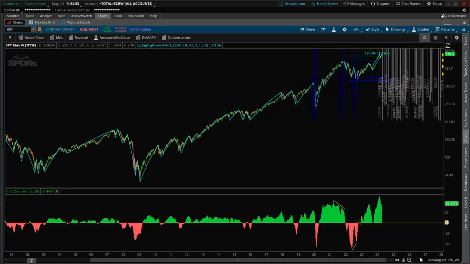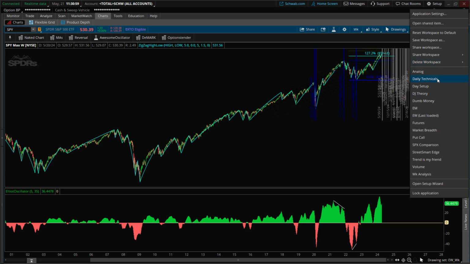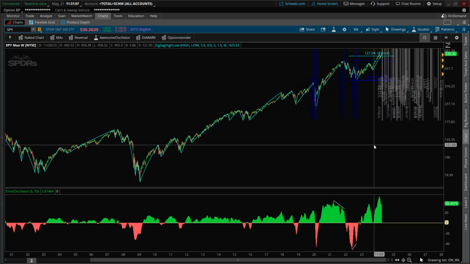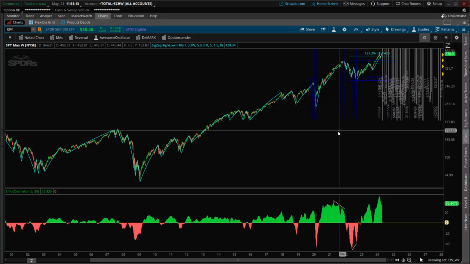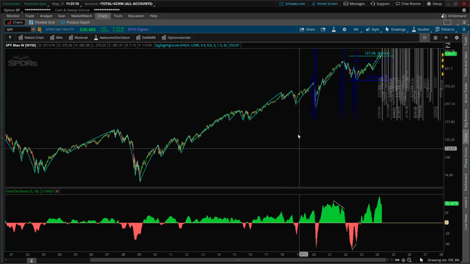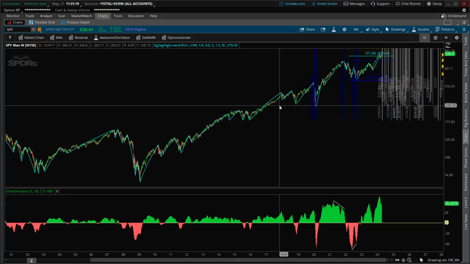I have a screen. So on Thinkorswim, you have different setups. I have all of these saved, and this one is EW. This is my Elliott wave situation. I have three screens, and on this one it'll pop up the 65, then the one above will be daily, and above that will be the weekly.